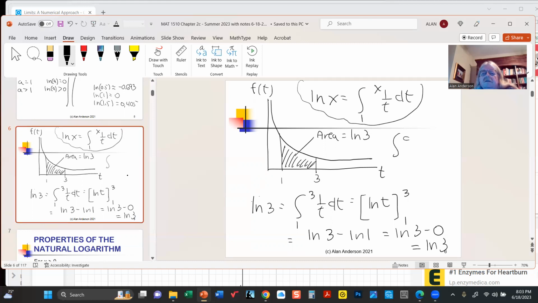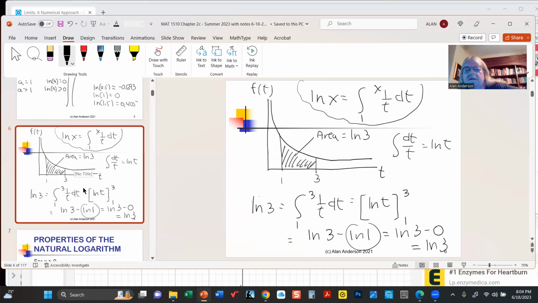The integral is ln t. So one is written in terms of the other. So what this means is that the integral of 1 over t dt is log t evaluated from 1 to 3, which means log 3 minus log 1, but this one is simply 0. And so you ultimately end up with log 3.